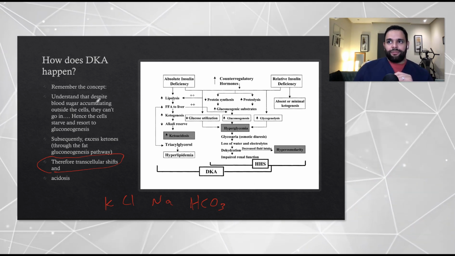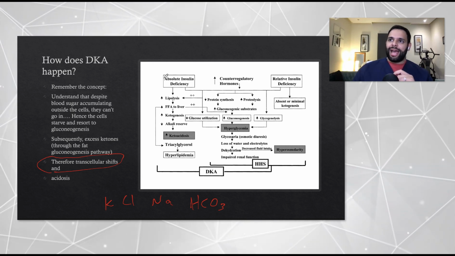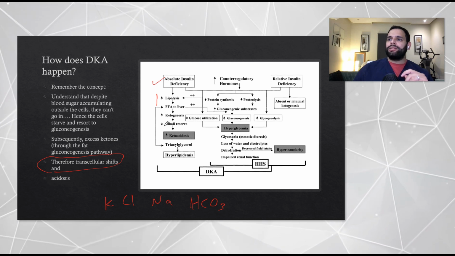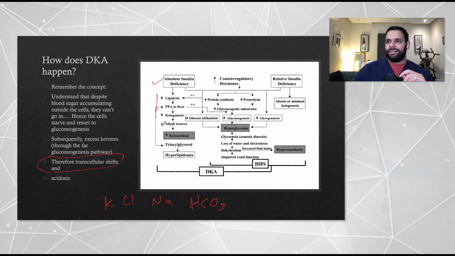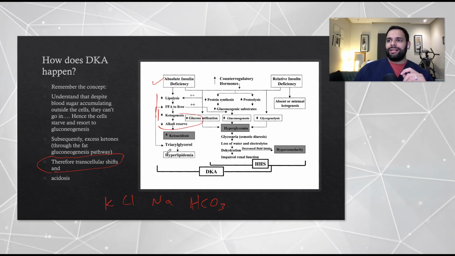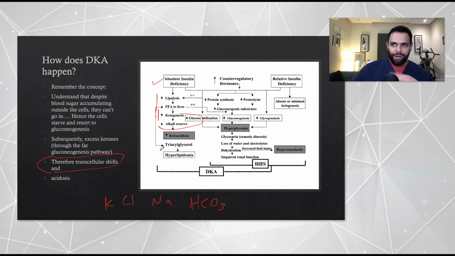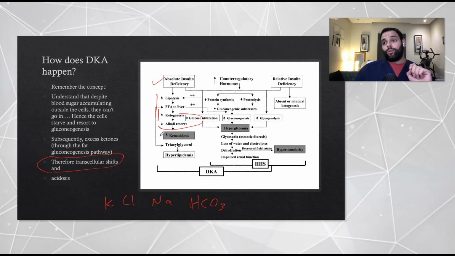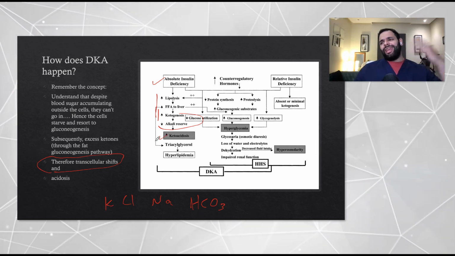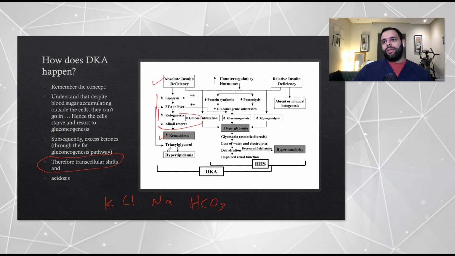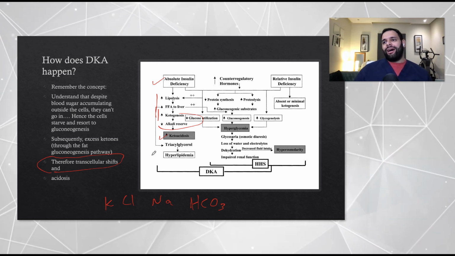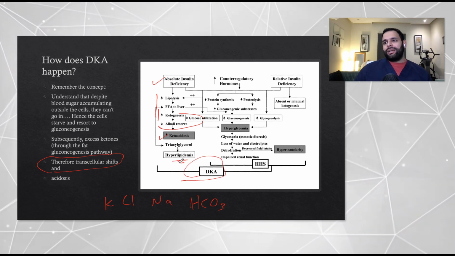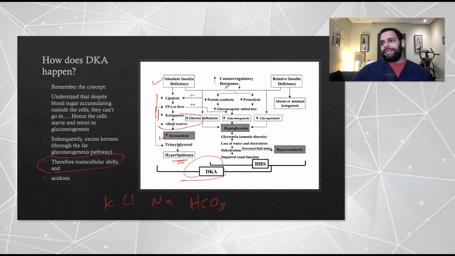If you look at this chart, absolute insulin deficiency can immediately increase lipolysis, fatty acid destruction, and ketogenesis, and will deplete your alkali reserve as your body tries to buffer through. When that gets depleted, your measured pH will be low, and by that time the ketone bodies are far too many. That will mean you're going to have a state of diabetic ketoacidosis and a potential state of hyperlipidemia.